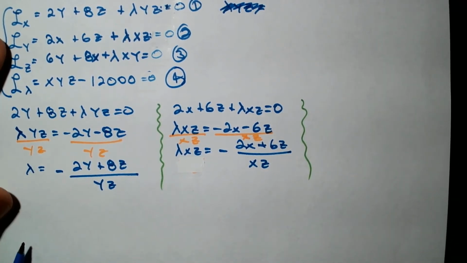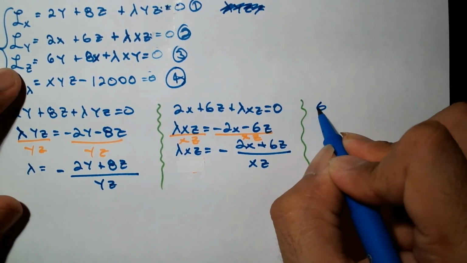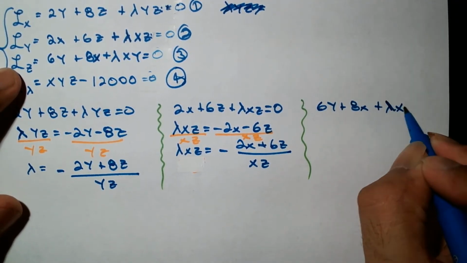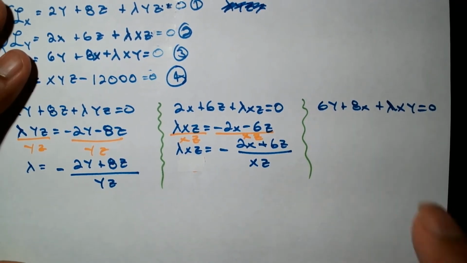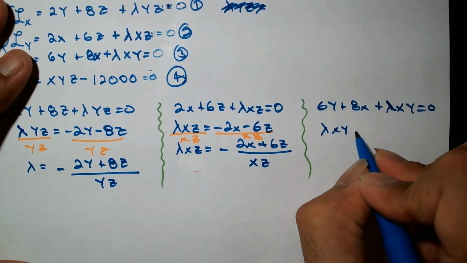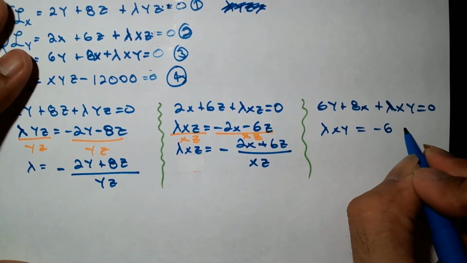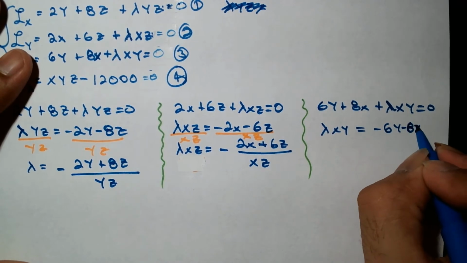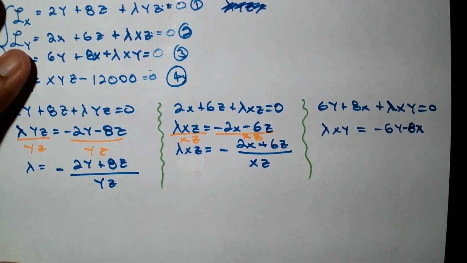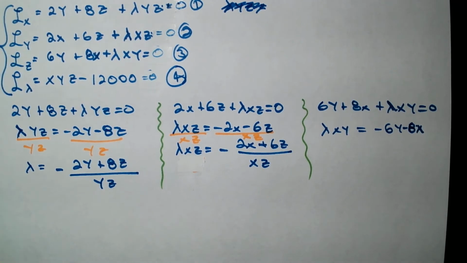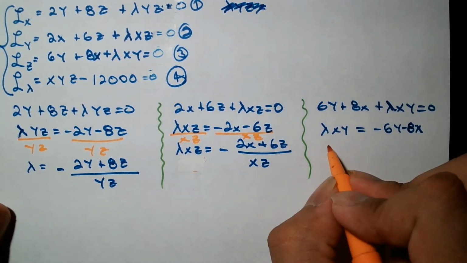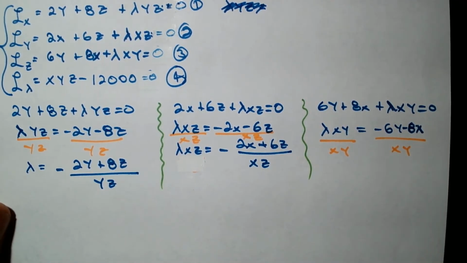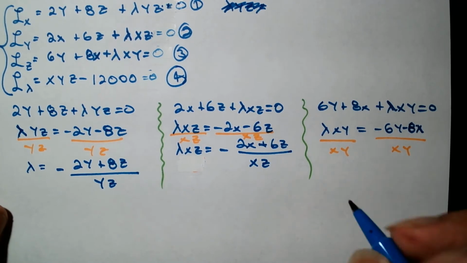I'm going to do the same to the third equation. 6y plus 8x plus lambda xy equals 0. So I'm going to solve for lambda xy. That equals negative 6y minus 8x. And then I'm going to divide both sides by xy, and at the same time, factor out this negative sign.